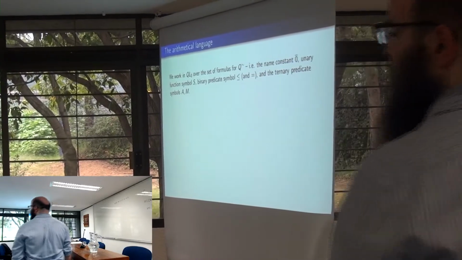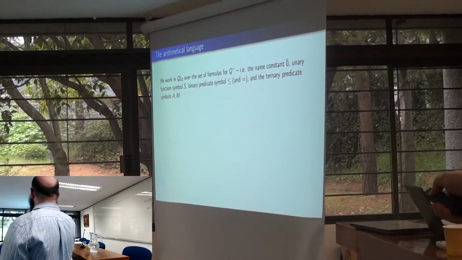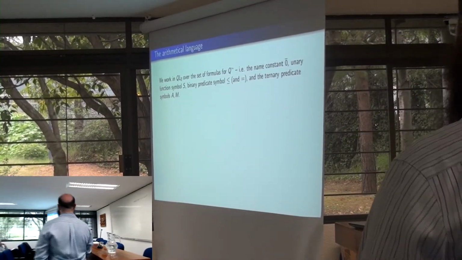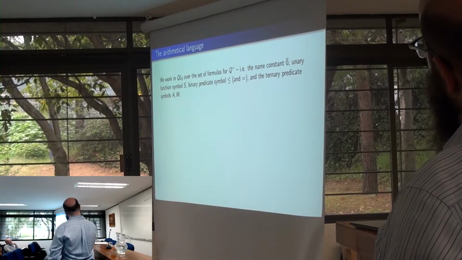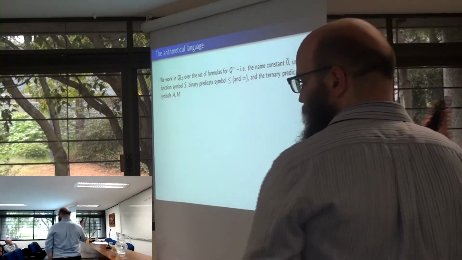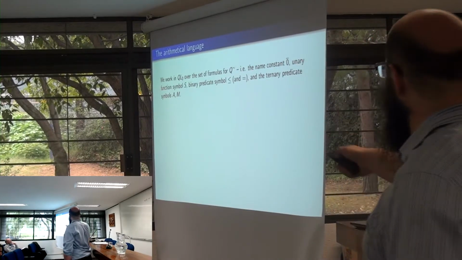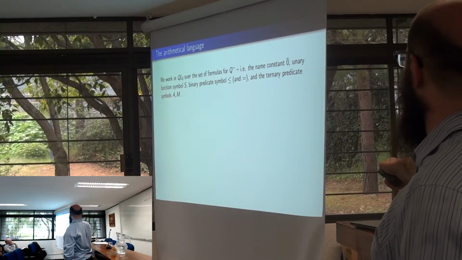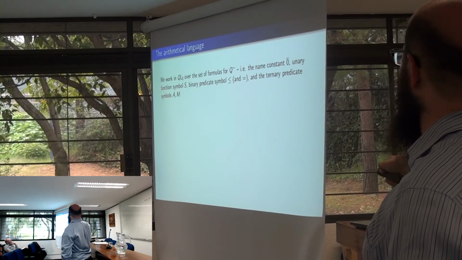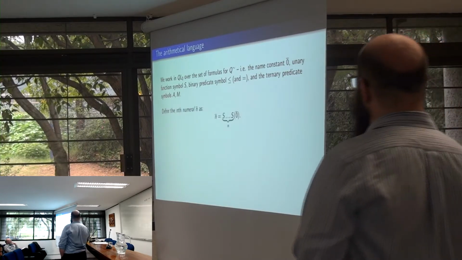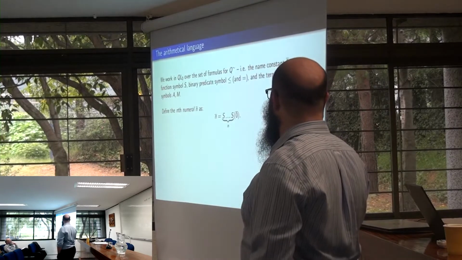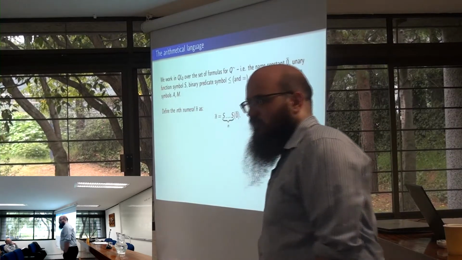Okay, so with that language, we then extend to an arithmetical language for QL0 over the set of formulas for QSIM. This should say RSIM, but both theories share the same language, in which we have a name constant picking out 0, a function symbol for successor, the ordering and the identity, and then these two predicate symbols that I introduced earlier. We'll define the numeral n as is usual.